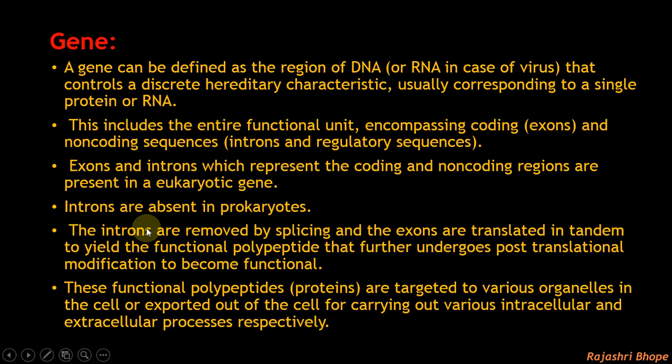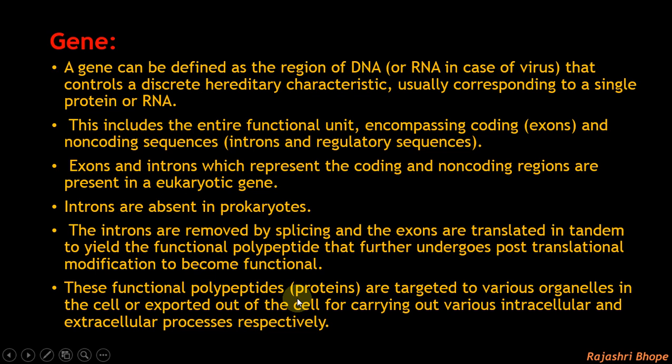The term intron and the term spacer elements are different, which we'll discuss later on. The introns are removed by the splicing mechanism and the exons are translated in tandem to yield the functional polypeptide that undergoes further modifications known as post-translational modification to become a functional one.